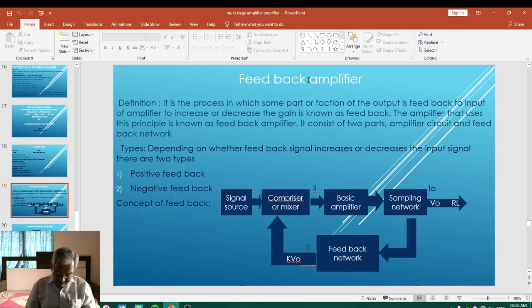And due to feeding some part of the output to the input, it may increase the input signal or it may decrease the input signal. This process is known as feedback process. And the amplifier that uses this particular principle is known as feedback amplifier.